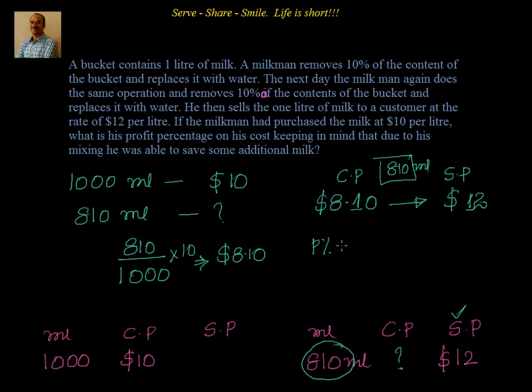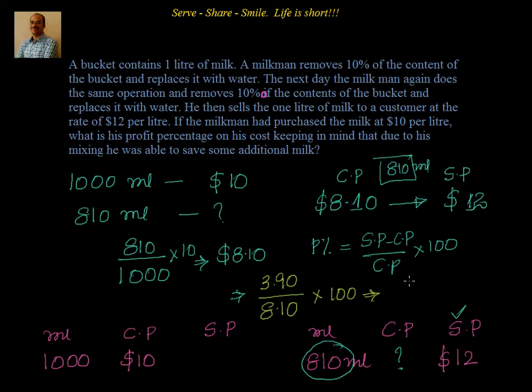Now what is profit percent? Profit percent is SP minus CP, divided by CP, into 100. If we do that, we have 12 minus 8.10, that's 3.90, divided by CP, that is 8.10, into 100, which is equal to 390 by 810 into 100.